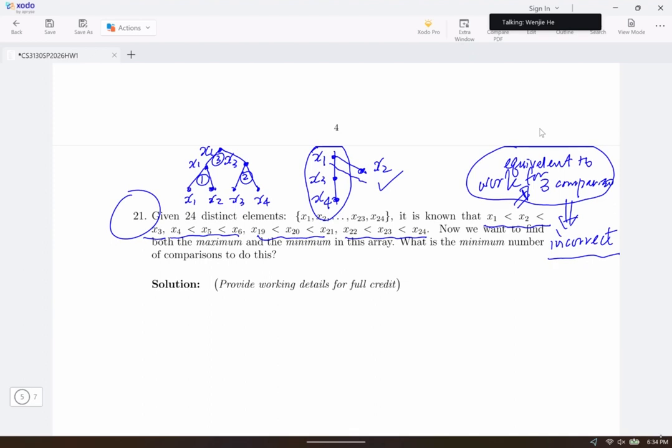So you should avoid that equivalence approach when you have 3-element ordered chains. Here, the middle one can be eliminated immediately, right? Before you work on it, all the middle elements cannot be the maximum or minimum, so they are out of consideration, and we apply our elimination method. 4 elements gone.